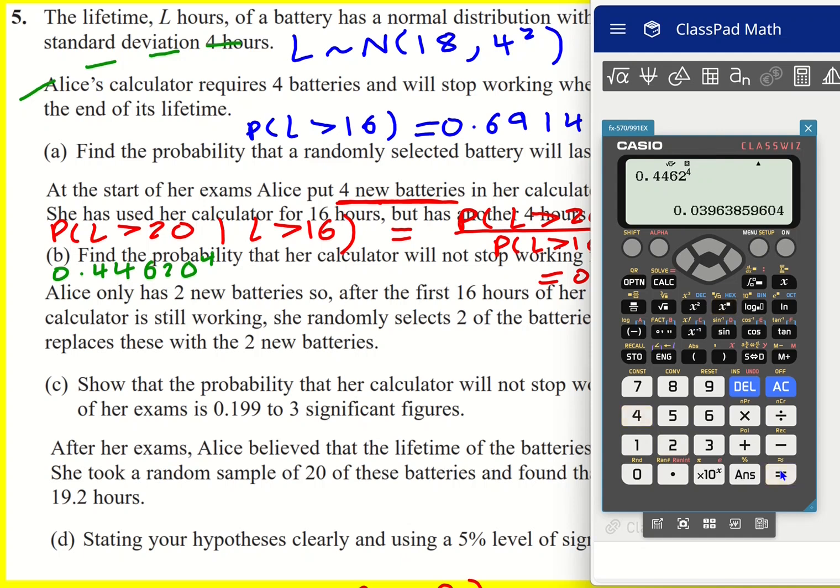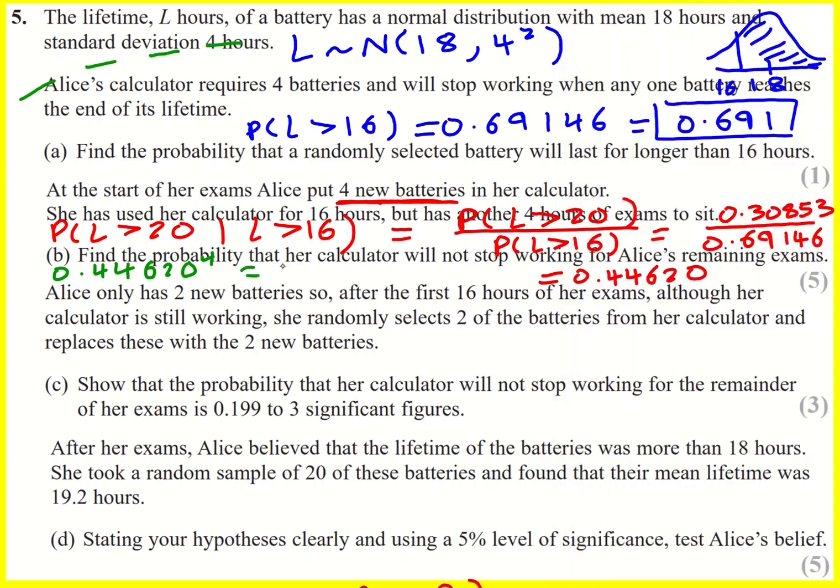This gives 0.03963. I'm going to round it because I'm running out of space. Actually, it's only a 4% chance that the calculator is going to make it through all of the exams, given that it's made it through the first 16 hours.